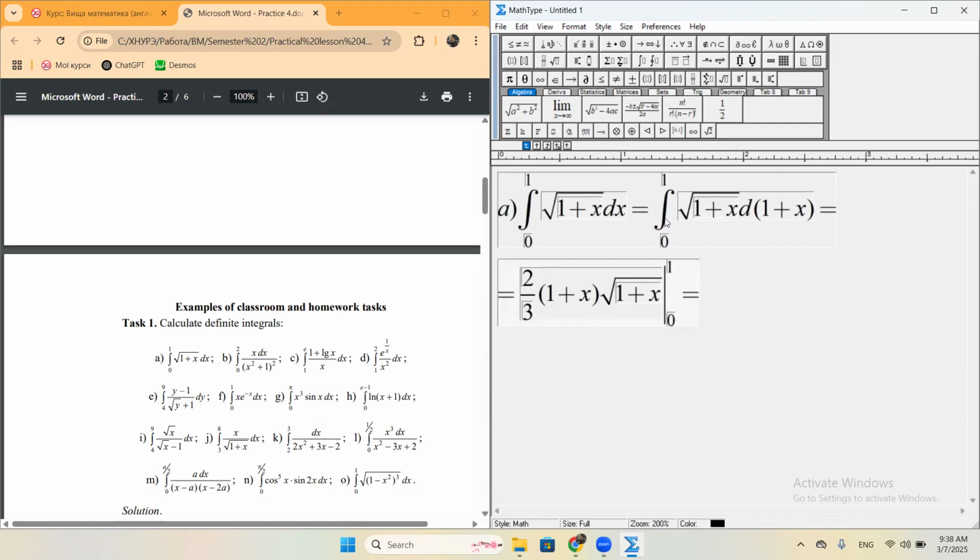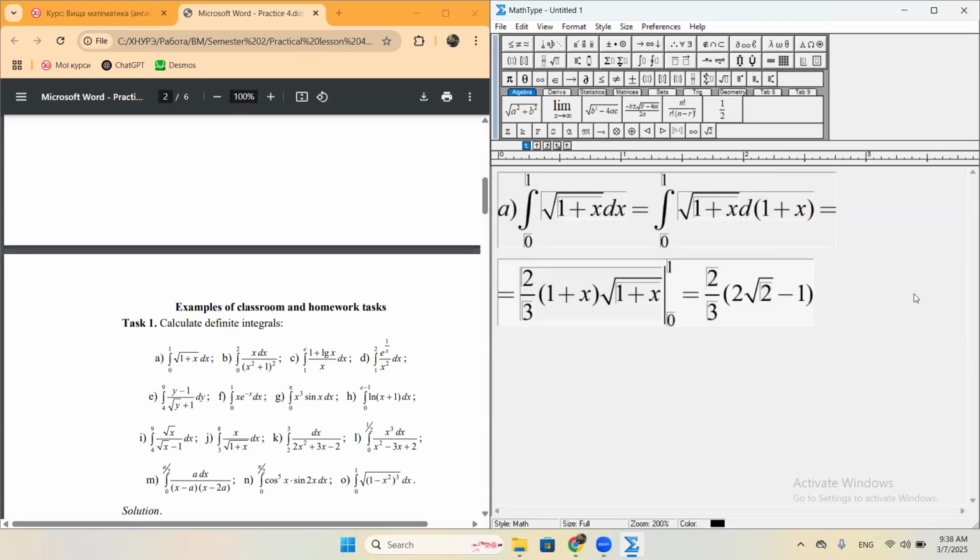So 2 over 3, and now substituting 1, so 1 plus x, so 2 square roots of 2 minus 1. So this is the final answer.